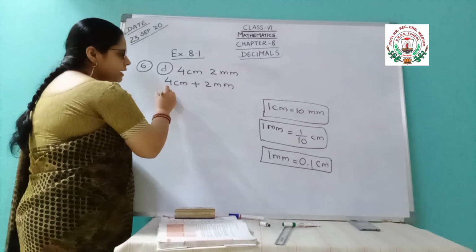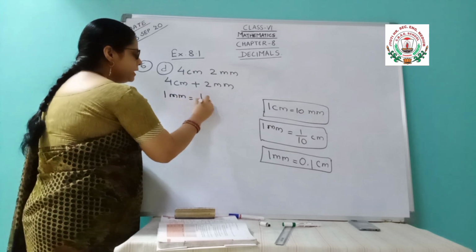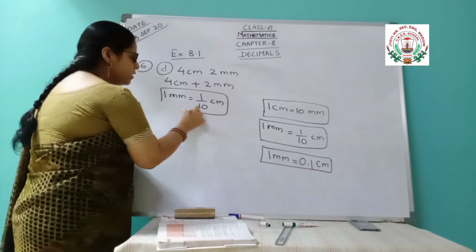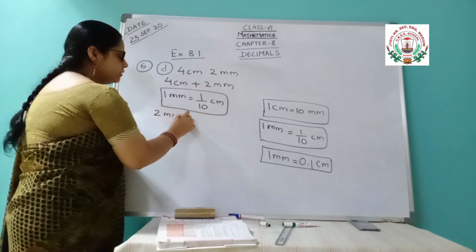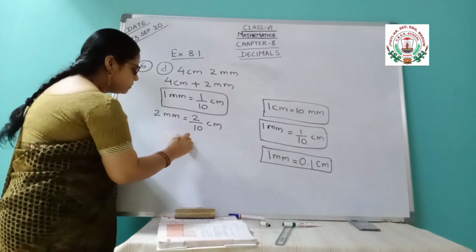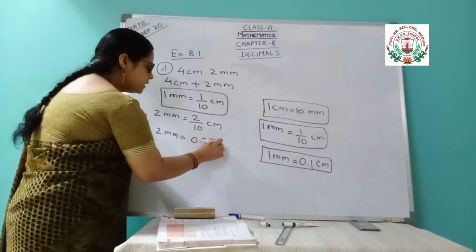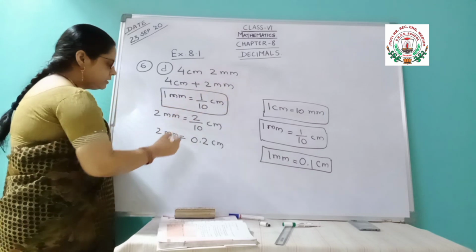So for that you will write down the conversion factor. 1 millimeter is equal to 1 by 10 centimeter. This conversion factor you will write in a block. Now 2 millimeter you are converting, that is 2 by 10 centimeter, that is equal to 0.2 centimeter. This is the answer you got for 2 millimeter.